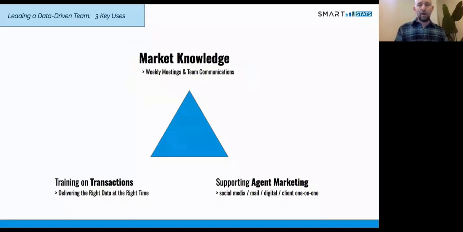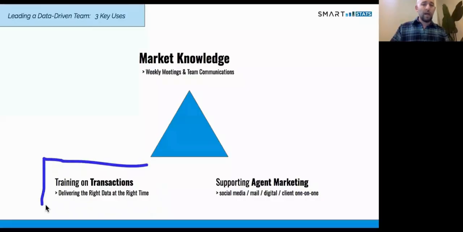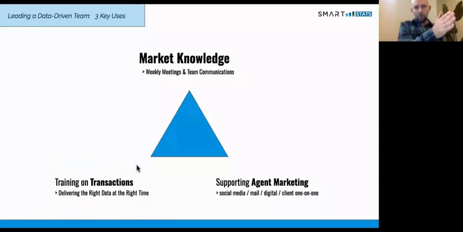And then the other 2 ways that we want to apply data to become more data driven is within the transaction. We have a system here called dashboards that is designed to take the transaction from the initial meeting of the client all the way through the listing and price changes and accepting offers, all the way down to closing, and provide you with little nuggets of information that can be useful in those transactions.